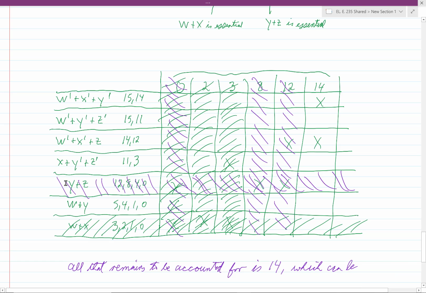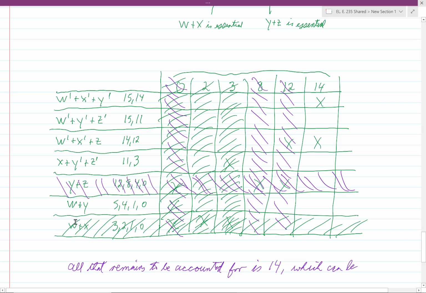And notice that everything associated with this essential prime implicate, I've crossed with purple lines leaning to the left. So that row and the columns, this has 0, 4, 8, and 12 in it. So 0, now 4 is not listed up here, 8 and 12, all of those have the purple lines leaning to the left.